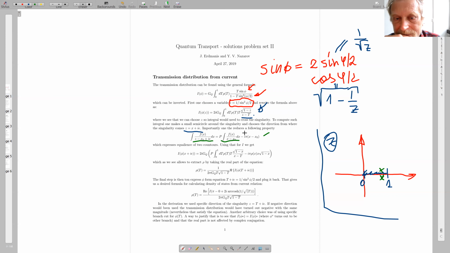All right. Then with the Cauchy formula, we can express this integral like this. And we see that this part becomes the real part of this expression, apart from a factor.